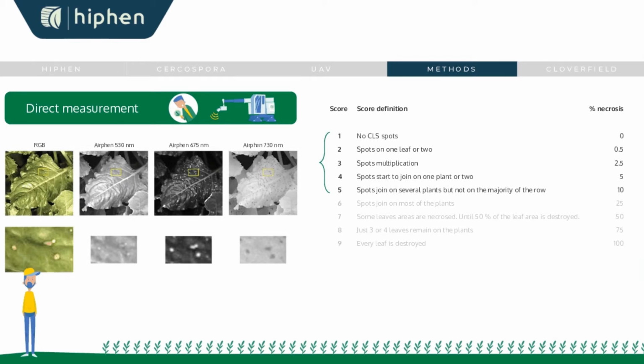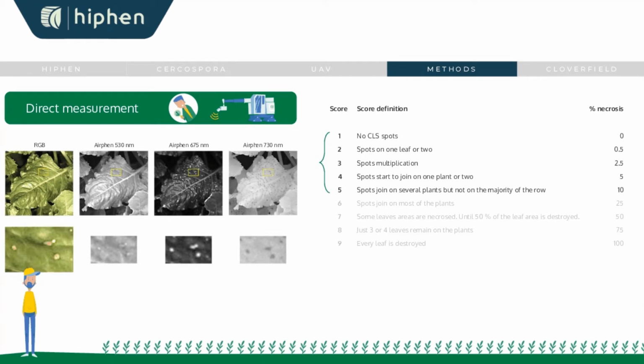This means that it's very easy to score the Cercospora infestation when it goes from score 1 to score 5. The first few notations, up to score 5, really require this level of resolution to give an objective score for that. So here we are really talking about the early development of the disease.